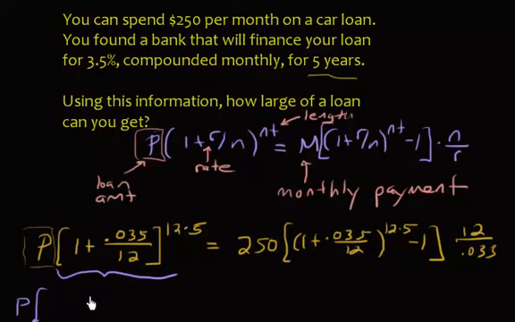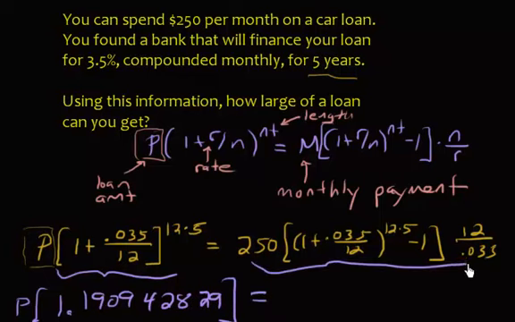So in your calculator, 1.190942829. And on the left-hand side, plug all that in your calculator and you're going to get $16,366.52.